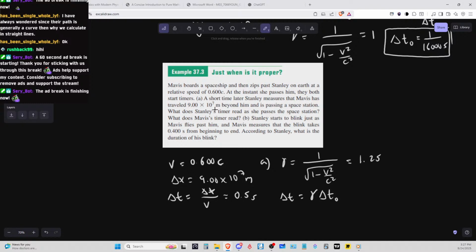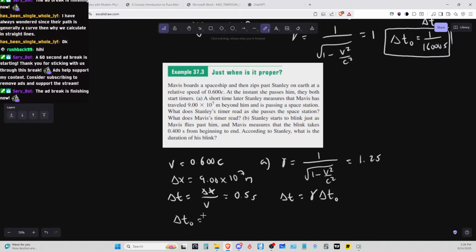So according to Stanley, it would read a half a second, and for Mavis, I mean, the time difference there is... so 1 times a half a second.